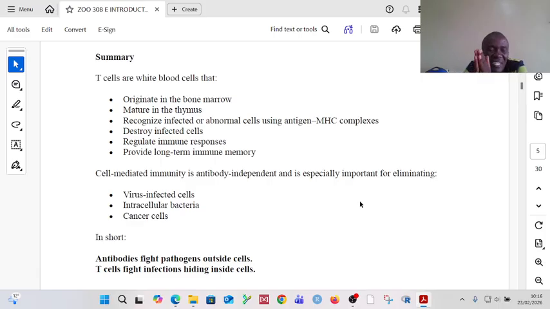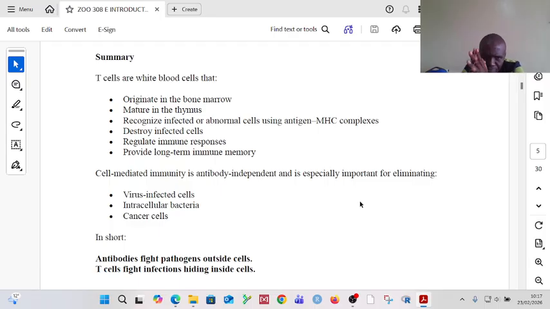Then we have bacteria which live inside cells, like Mycobacterium tuberculosis. Then we have abnormal cells, for example, cancer cells. That is an abnormal cell, which has to be eliminated on the basis of a T cell recognizing the abnormal nature of that cancerous cell.